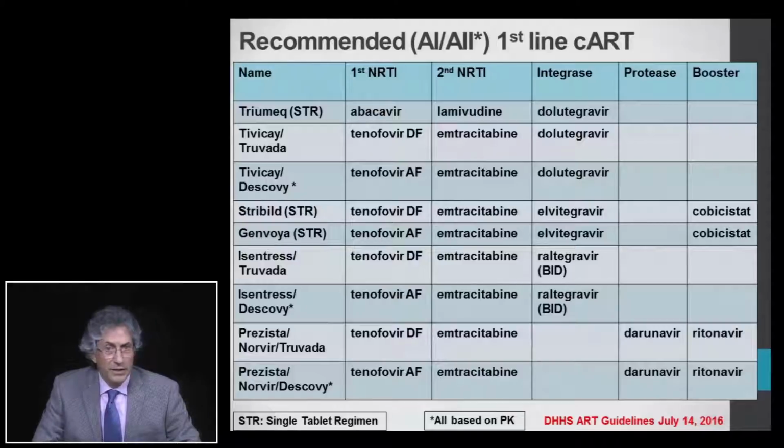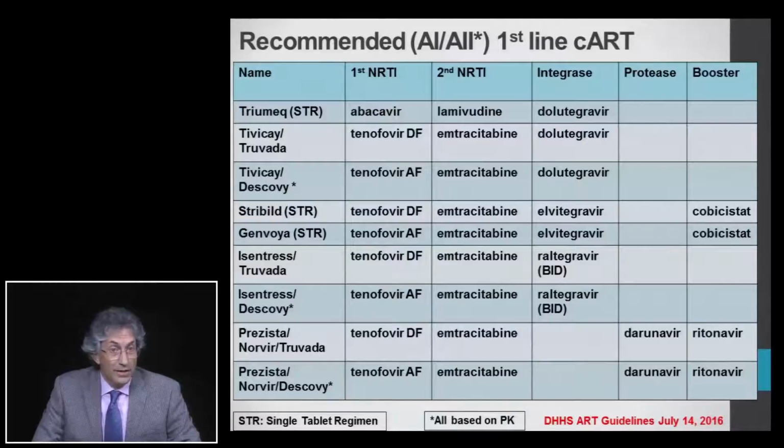Some of the medications require boosting, so you'll see in the right-hand column cobicistat or Tybost listed for a couple of these medications, that is, the elvitegravir requires boosting, and you'll see ritonavir or Norvir to boost the protease inhibitor. As I mentioned, we rarely give protease inhibitors without boosting, and actually darunavir or Prezista is not even licensed to be used without boosting.